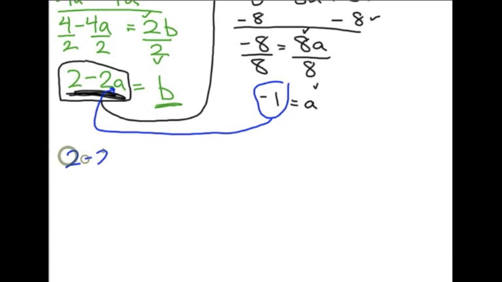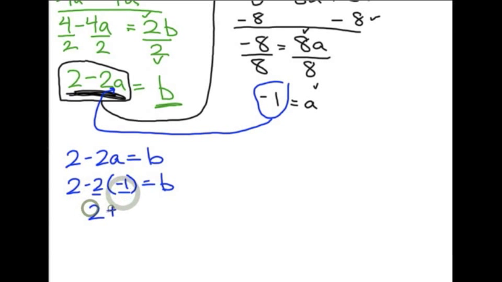So I got 2 minus 2a equals b. 2 minus 2 times negative 1 equals b. Negative times negative is positive. 2 plus 2 equals b. B equals 4.